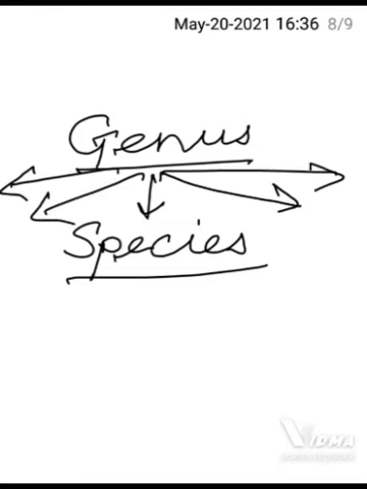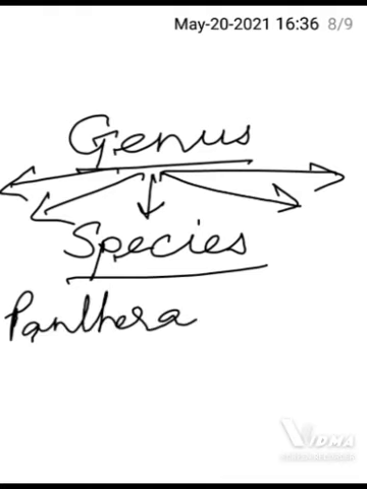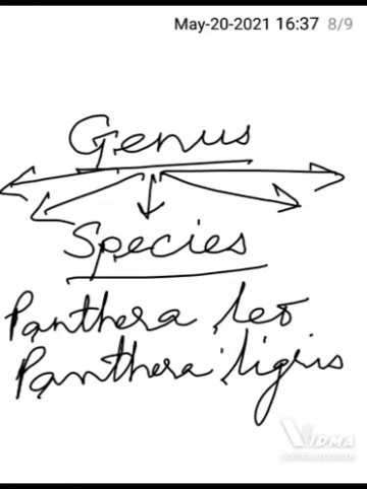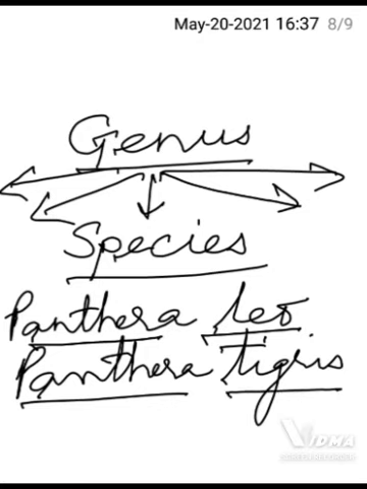For example, Panthera leo and Panthera tigris. So you can see both these animals are of the same genus, that is Panthera, and they have different species because they belong to different species.